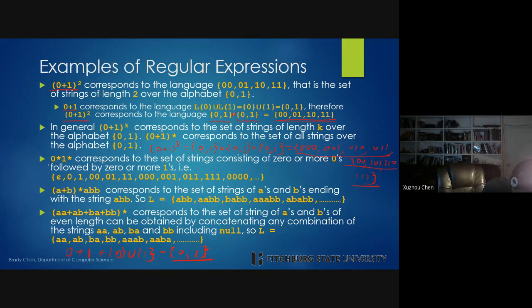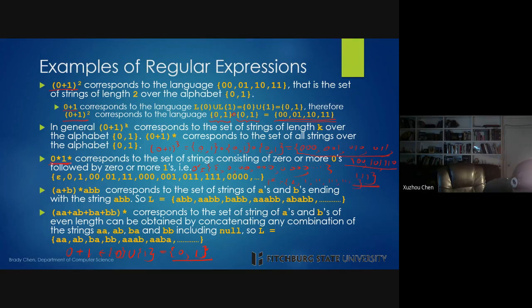Now 0 star, 1 star. First, check 0 star. 0 star contains the strings epsilon, 0, 00, 000, and so on. Then 1 star is epsilon, 1, 11, 111, and so on.